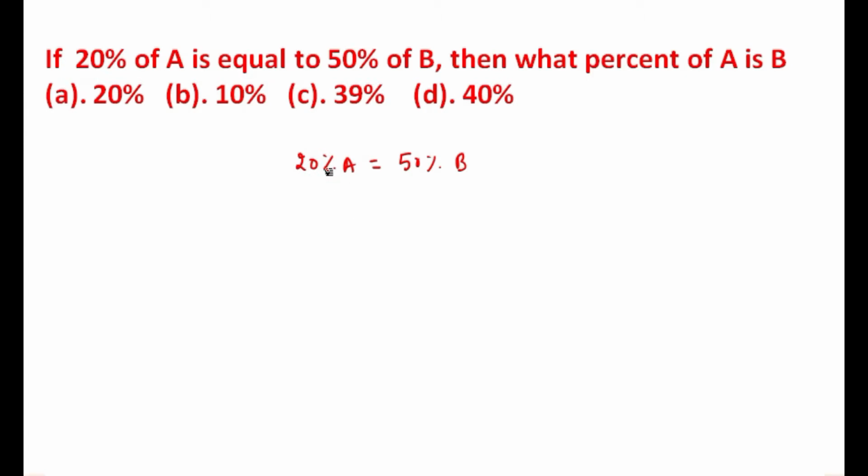Look guys, here you can cut 0 and 0, percentage and percentage will get cut automatically. Then it becomes 2A equal to 5B. So we'll make it in the form of a ratio, A by B equal to 5 by 2, which means that A represents 5 and B represents 2.